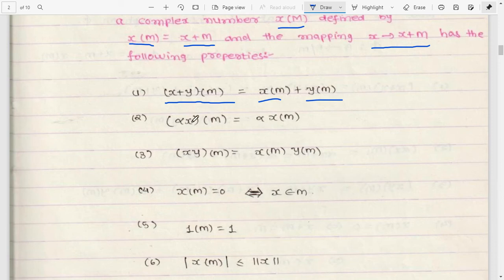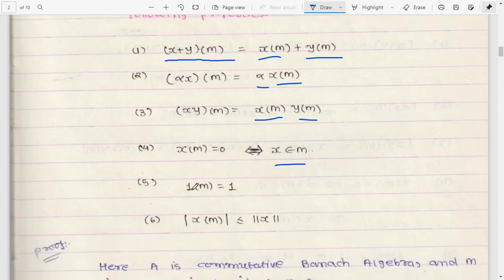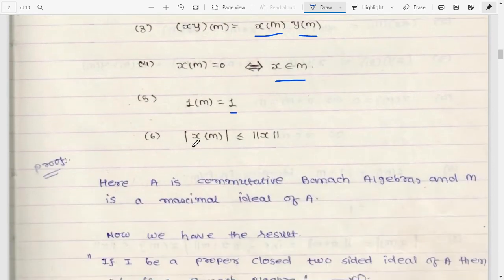Second, (alpha x)(m) is equal to alpha into x(m). Third, (x y)(m) is equal to x(m) into y(m). Fourth, x(m) is equal to 0 if and only if x belongs to m, and 1(m) is equal to 1. Fifth, modulus of x(m) is less than or equal to norm x.